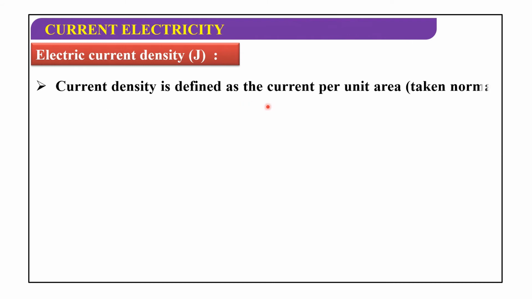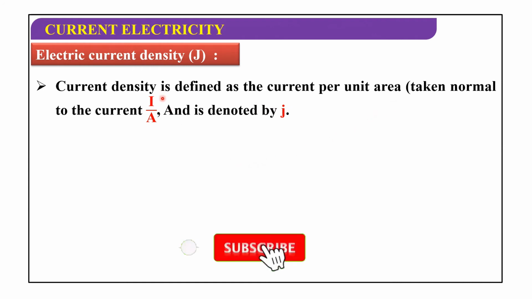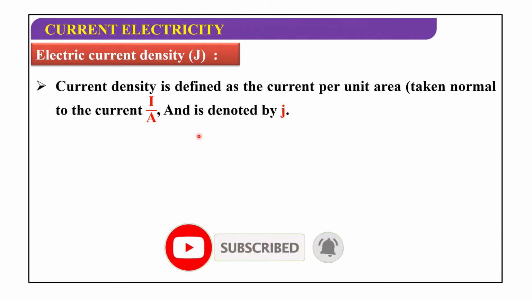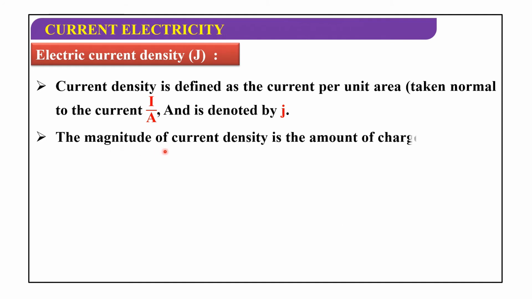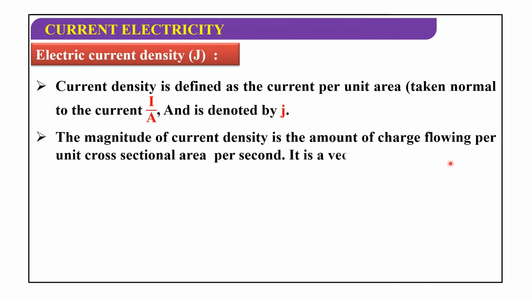Current density is defined as the current per unit area taken normal to the current, that is I by A, and is denoted by the letter J. The magnitude of current density is the amount of charge flowing per unit cross-sectional area per second. Current density is a vector quantity.